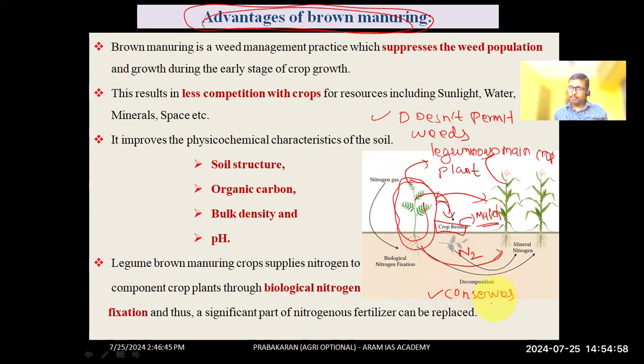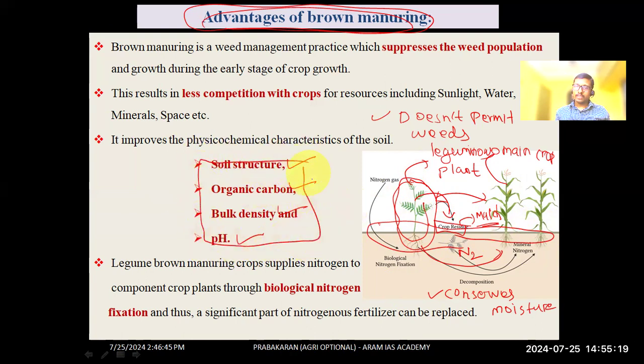These plant residues also improve soil properties like soil structure, organic carbon, bulk density, and pH. So it improves these characteristics of soil, and it suppresses the weed population.